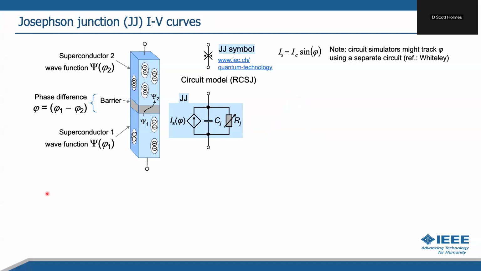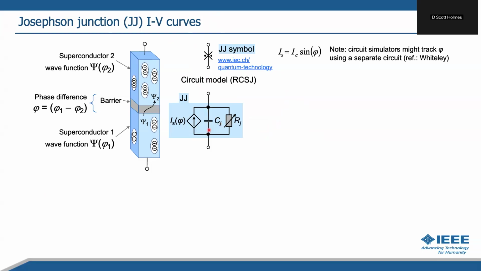Now these Josephson junctions in electrical circuits, we have a symbol for a Josephson junction. This is a bare Josephson junction, and you can find the symbol online. But we have a circuit model where this Josephson junction acts like a phase-dependent current source.